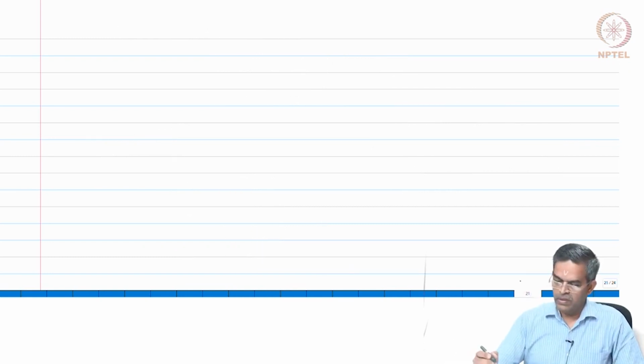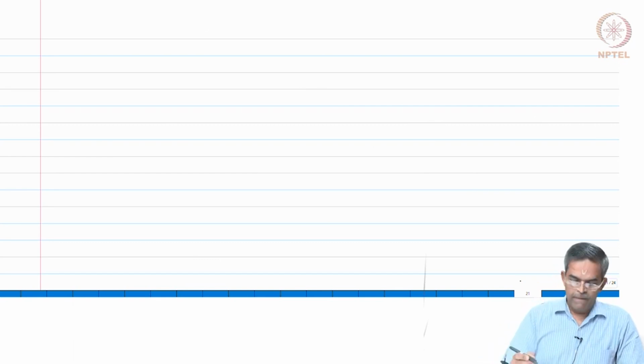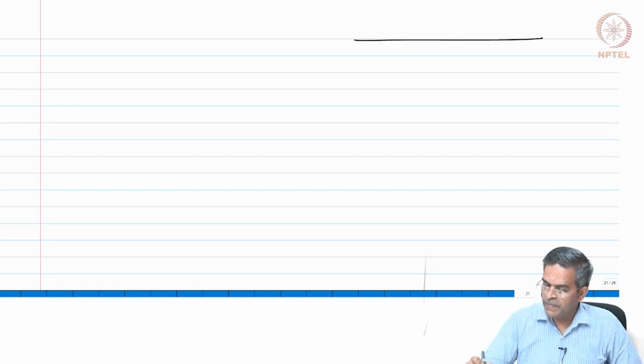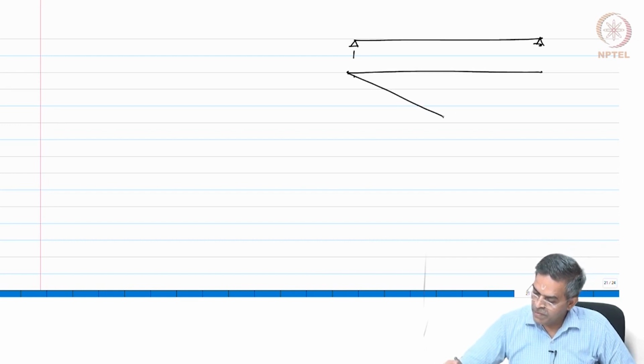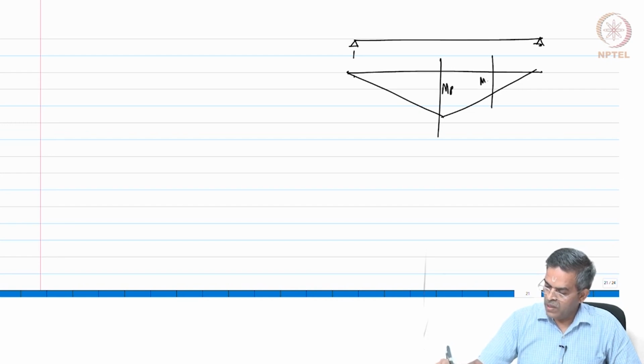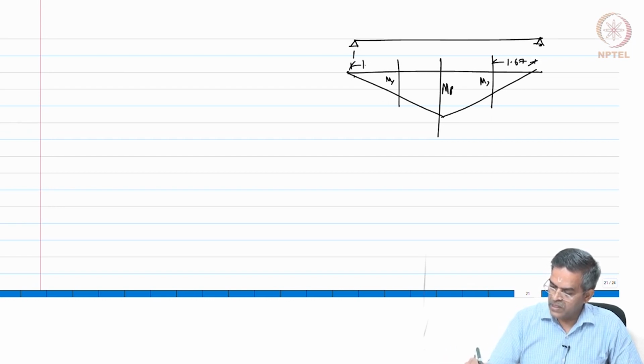So, now let us say this is my beam, this is my deflected profile, with the bending moment diagram as well. This is Mp here, this is My here, and this distance is 1.67, this is also 1.67 by symmetry.